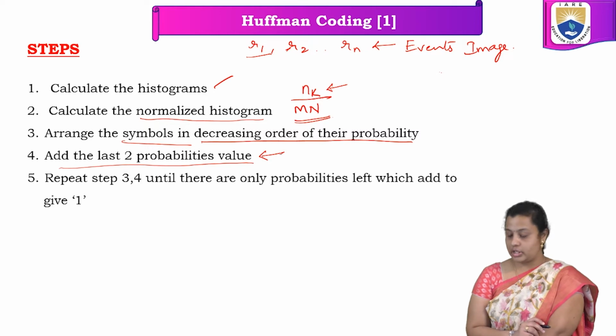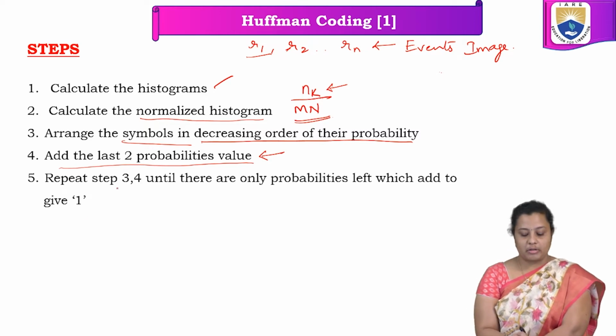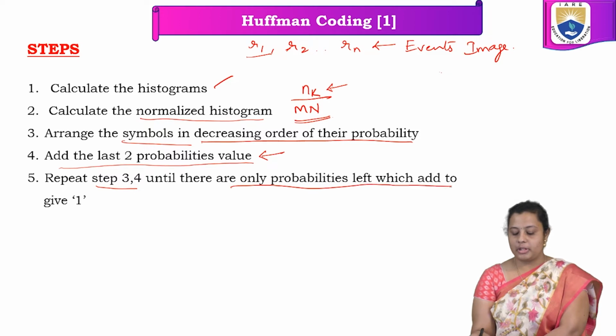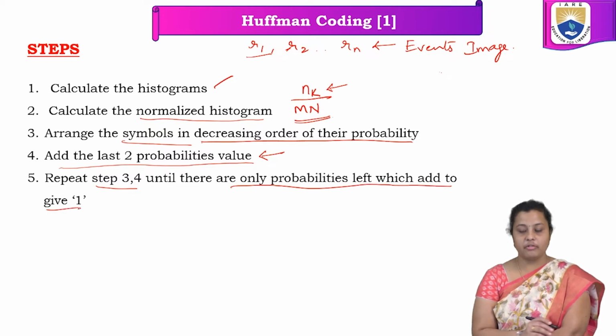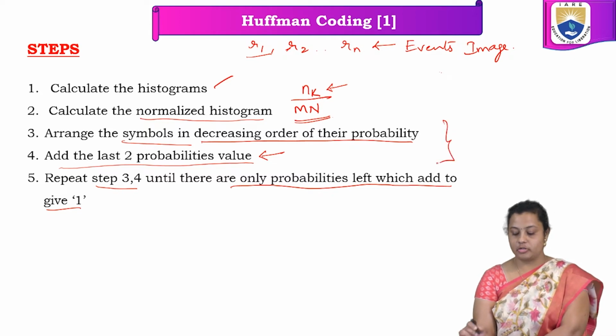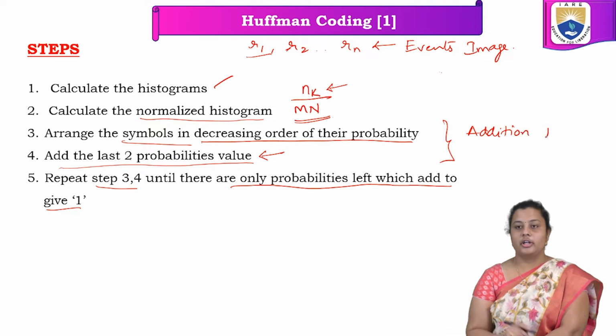When we go to the next stage, we repeat steps 3 and 4 until the probabilities add up to give 1.